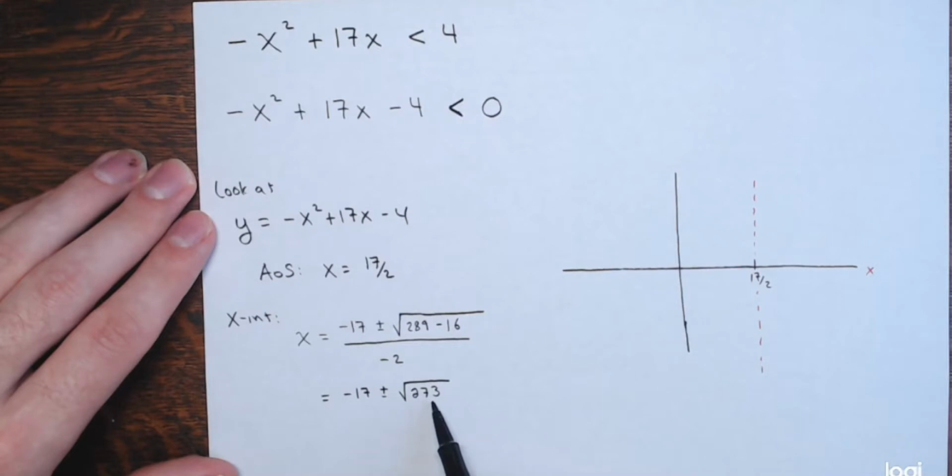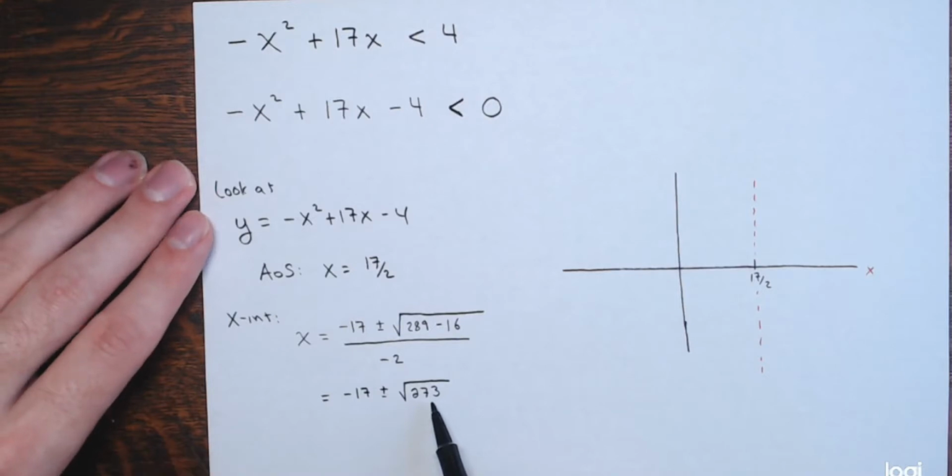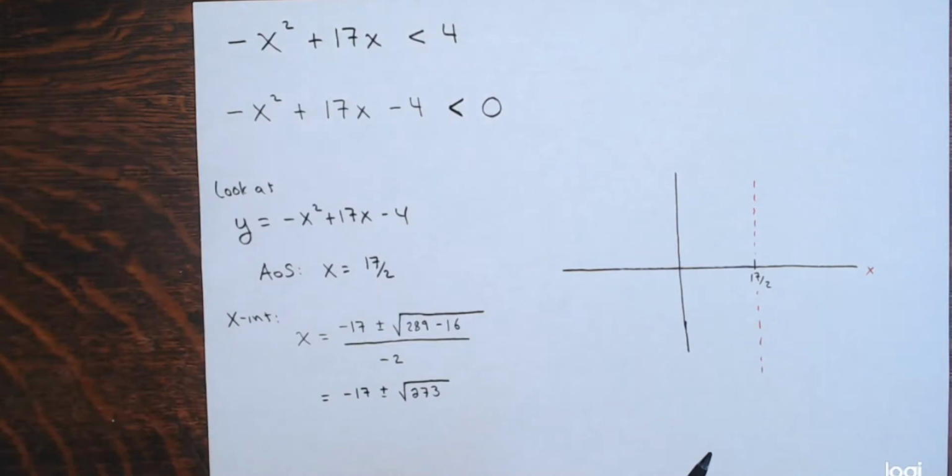I don't think that'll simplify any further. 91 doesn't break down any further. I believe 91 is prime. No, 91 is 7 times 13. But this is 3 times 7 times 13, so no perfect squares in there. So that doesn't simplify any further, and all that is divided by negative 2.